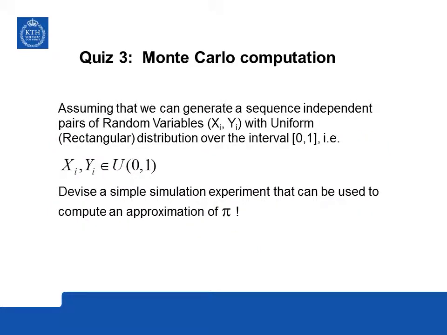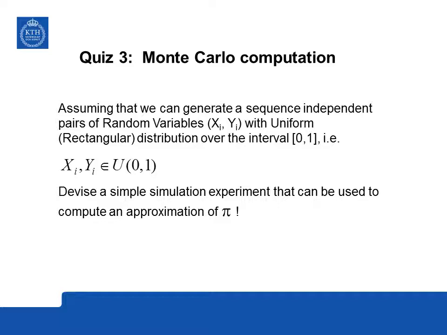And this brings us to quiz number 3, which is actually a small problem. We can apply the methods that we discussed before. Here we assume that we can generate a sequence of independent pairs of random variables x and y with a uniform or rectangular distribution on the interval 0, 1.